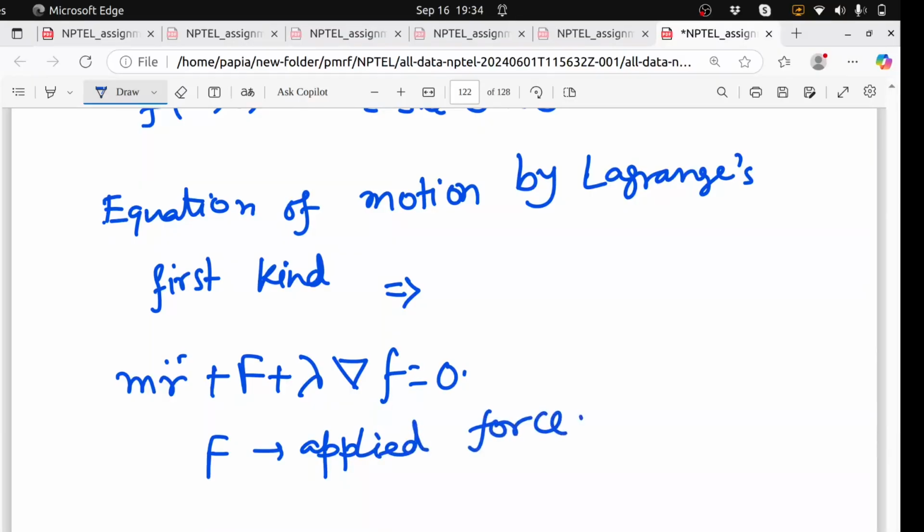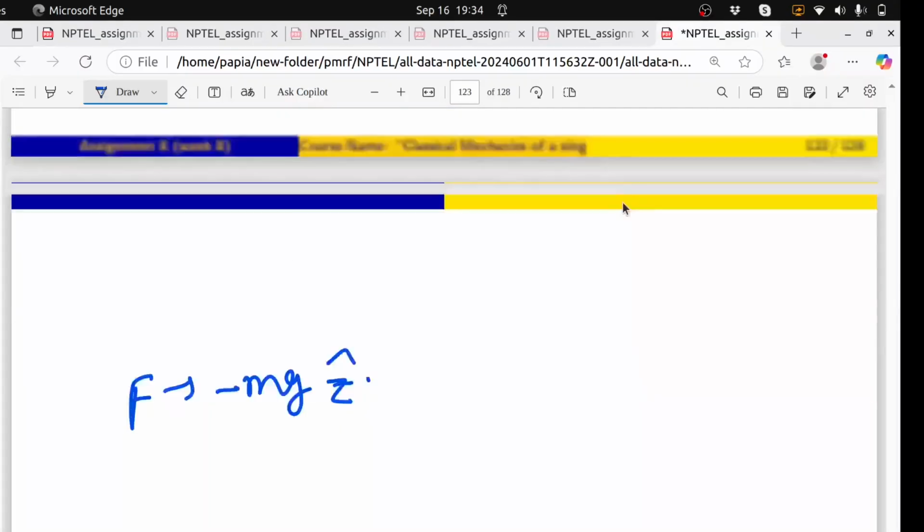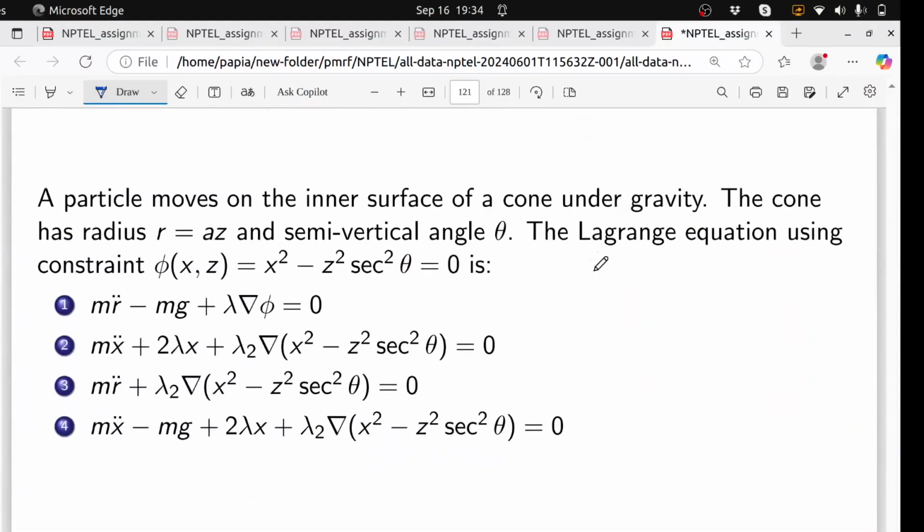As they are talking about gravity in this question as well, it is minus mg z cap, because it is applied in the negative direction. So we have to take care of the applied force as the gravitational one.